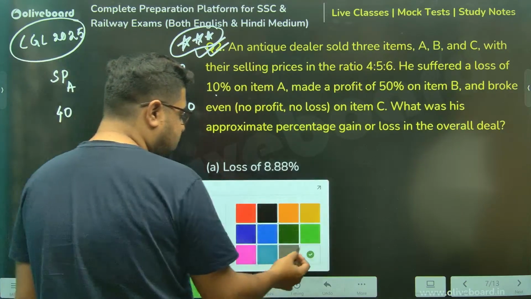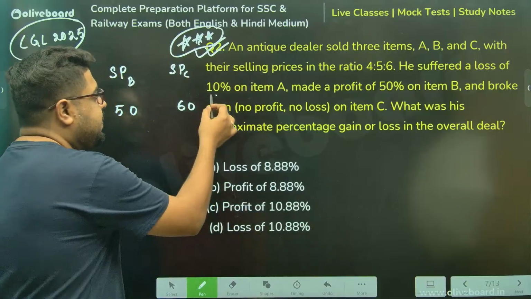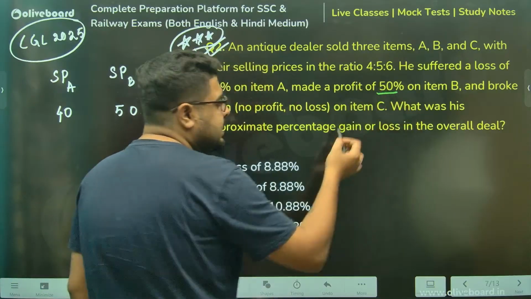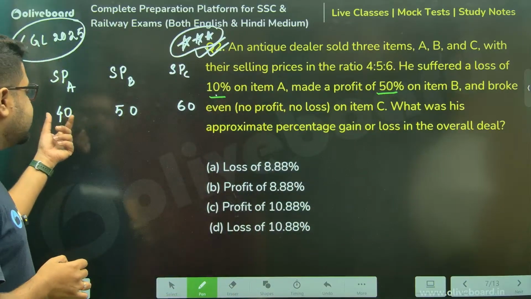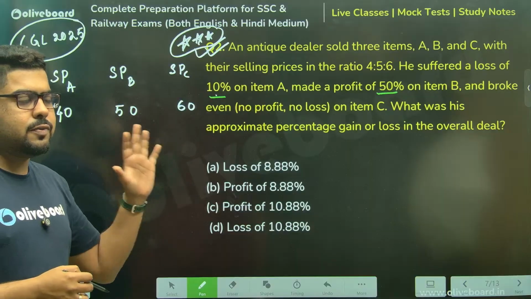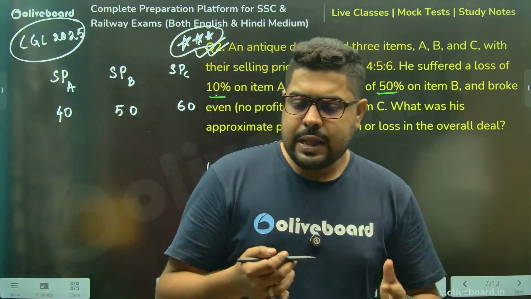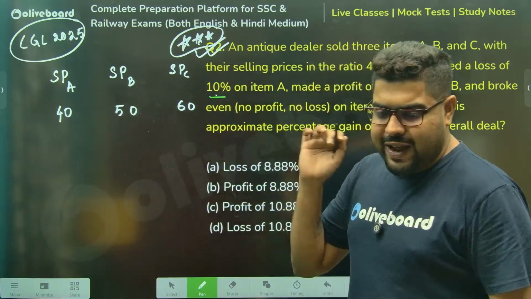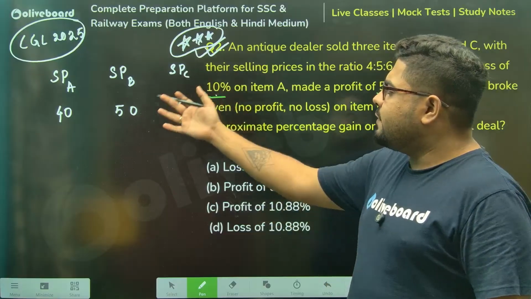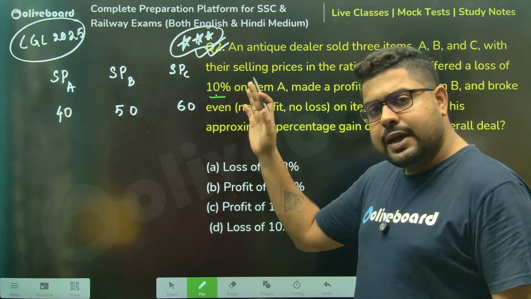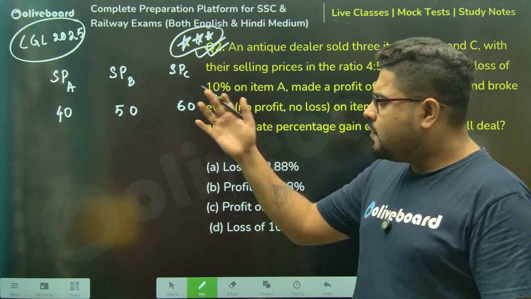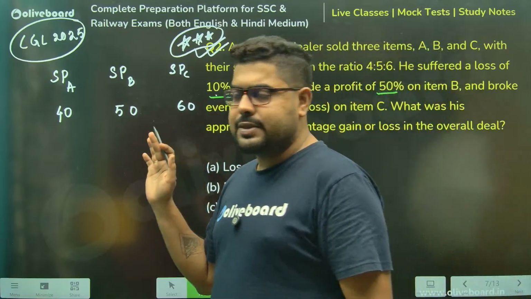Now you might say, sir, why this? Because with 10%, 50%, only one 0 is sufficient for me in order to avoid the fractions. Otherwise, I would have taken 400, 500, 600. Here, you can do that as well. But again, 40, 50, 60 will serve the same purpose.